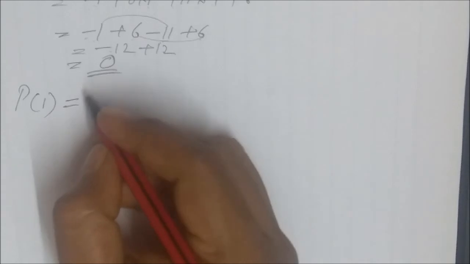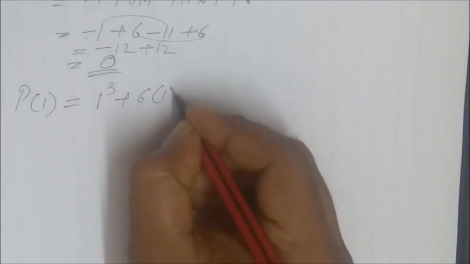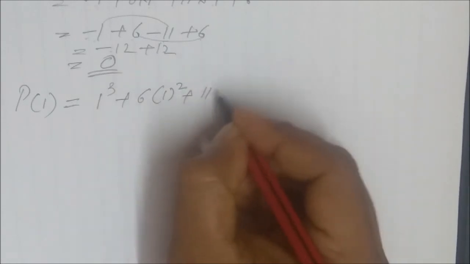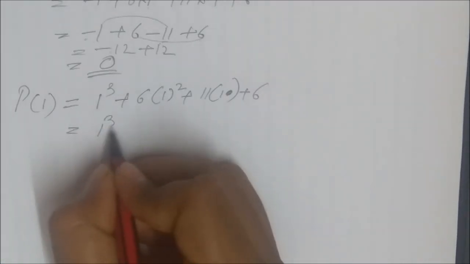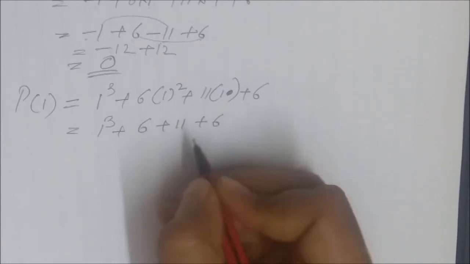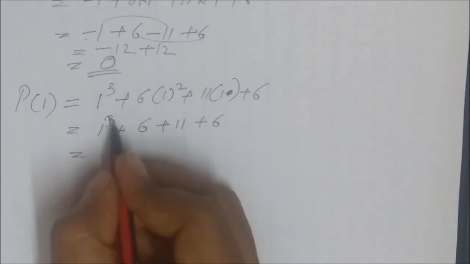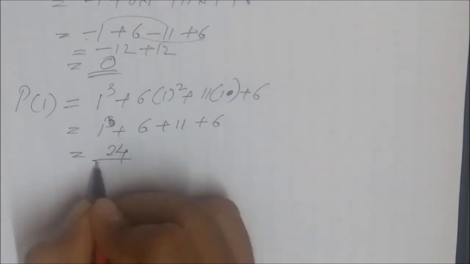So what is p of 1? That is 1 cube plus 6 into 1 squared plus 11 into 1 plus 6. So that is 1 cube plus 6 plus 11 plus 6. 1 cube is 1, so that is 24.